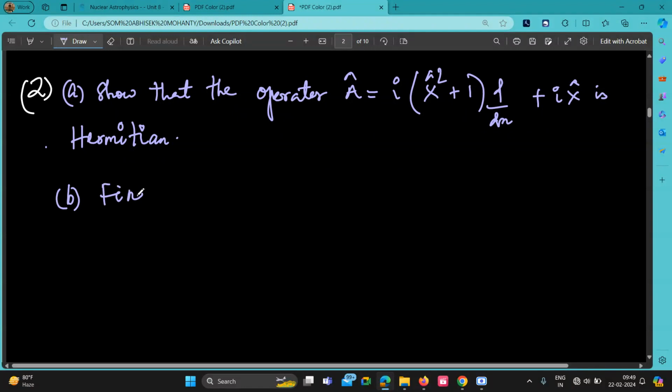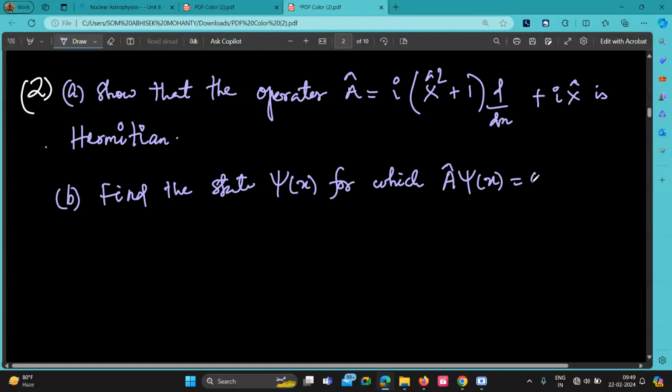Find the state psi(x) for which A psi(x) is equal to 0, and normalize it.